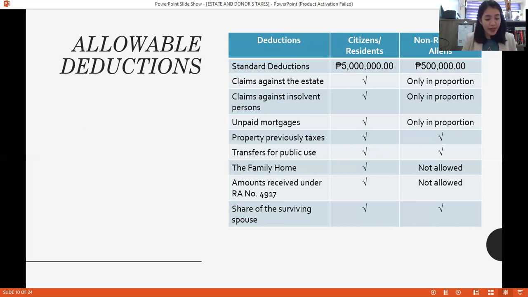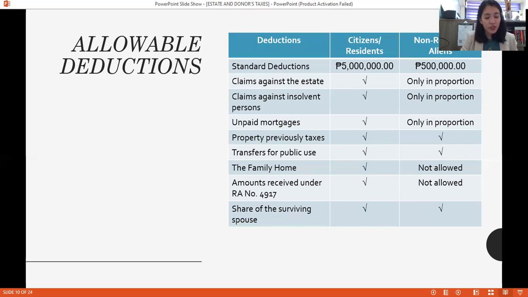Oh, I forgot one item pala dito, losses pala, yung mga losses. Sorry, hindi ko nasali. Pero after ng unpaid mortgages, meron tayong losses as an allowable deduction. So, yung losses, dapat incurred during the settlement of the estate arising from fires, storm, shipwreck, or other casualties, or from robbery, theft, or embezzlement.